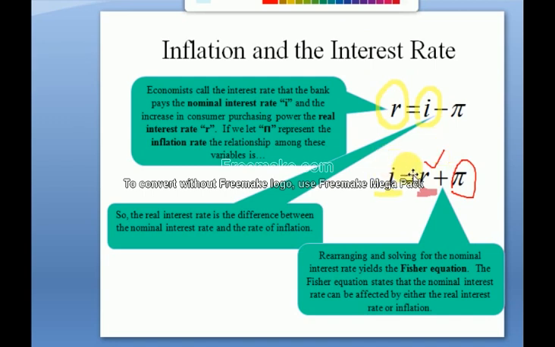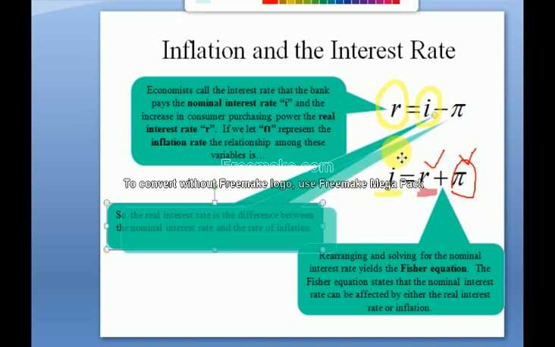So I consists of the combination of R plus pi. It means that in the nominal interest rate, the inflation rate is included. This equation, dear students, is called the Fisher equation.